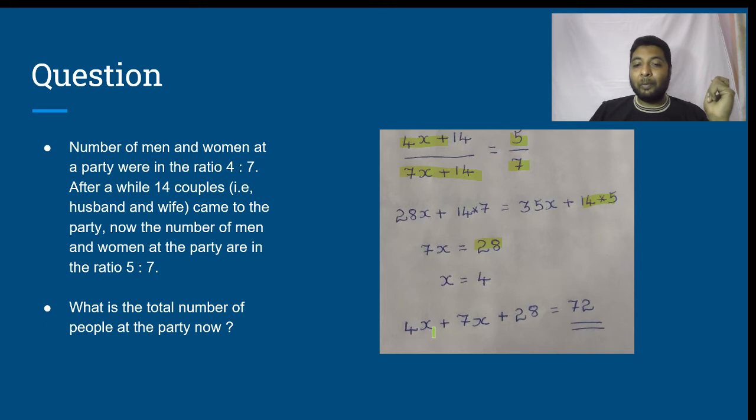So the total number of people is 4x plus 7x plus 28. 4x plus 7x is nothing but 11x. 11x is 44. 44 plus 28. What is 44 plus 28? 72. So how many people are there at the party now? 72 people are there at the party now.